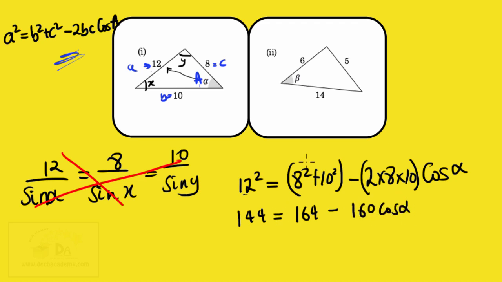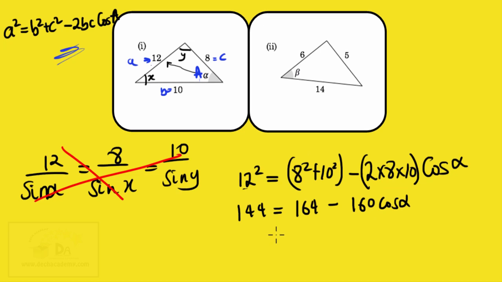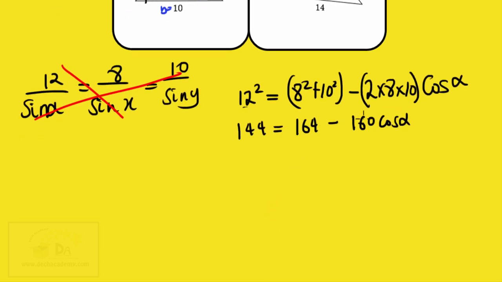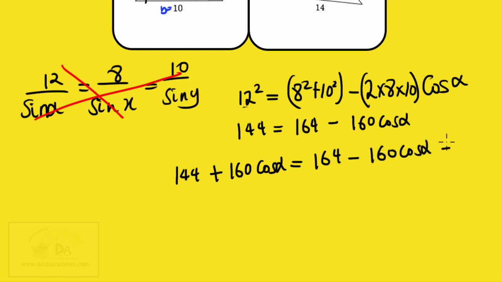We are looking for alpha, so I need to make alpha the subject of the formula. So I'm just going to add 160 cos alpha to both sides, and you know that minus a plus a is going to be 0.